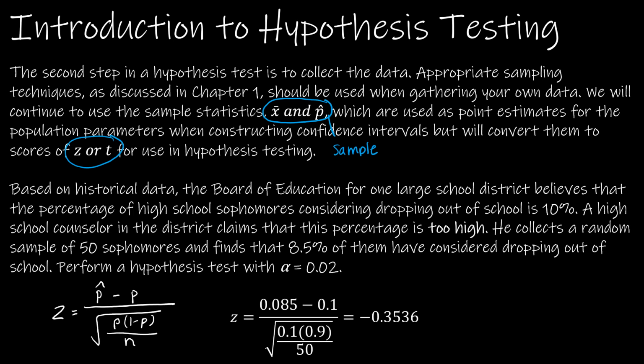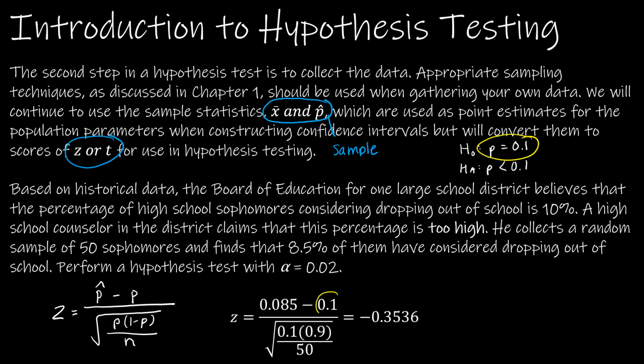So that's what I've done here. Remember my hypotheses were that p is equal to 0.1 and that p is less than 0.1. And so 0.1 is p.